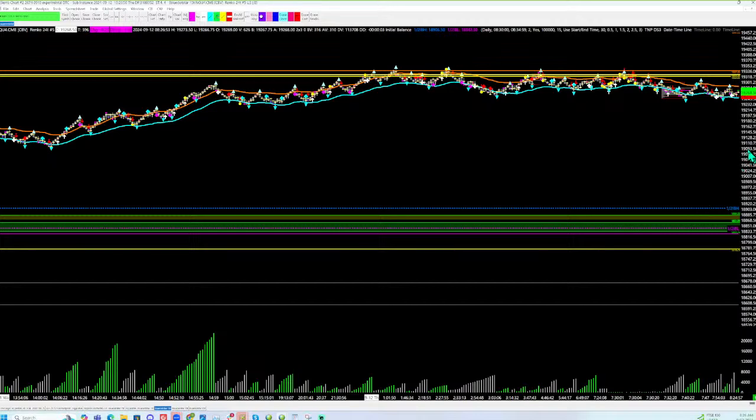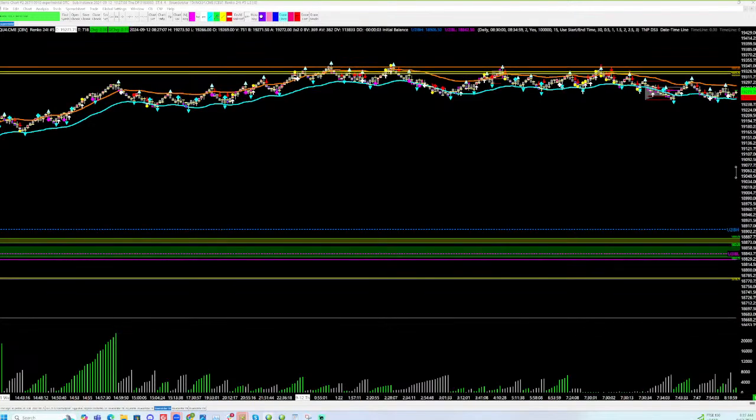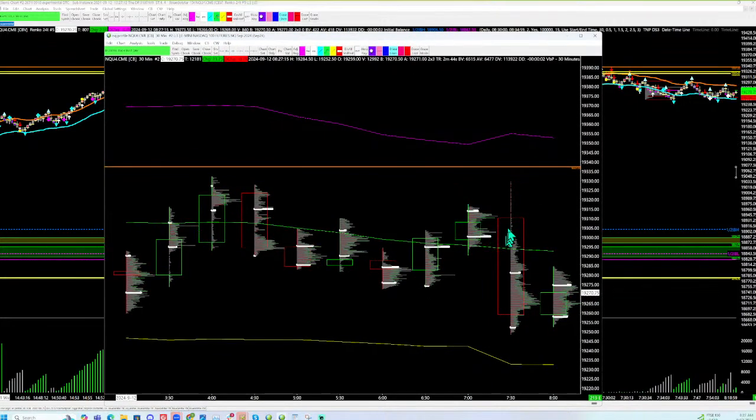What do I expect? Well, I would expect that we're going to get responsive buyers, right? So here, let me do this. So the first thing I see from the 30-minute profile is all the single prints are up here, right?